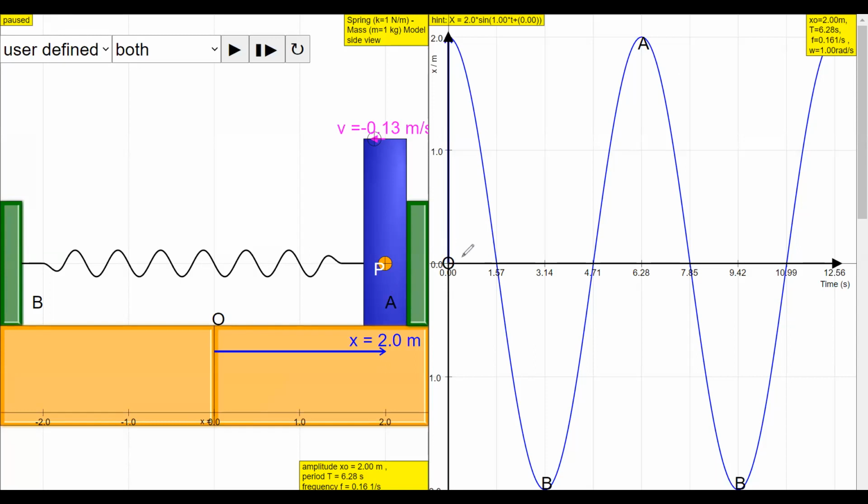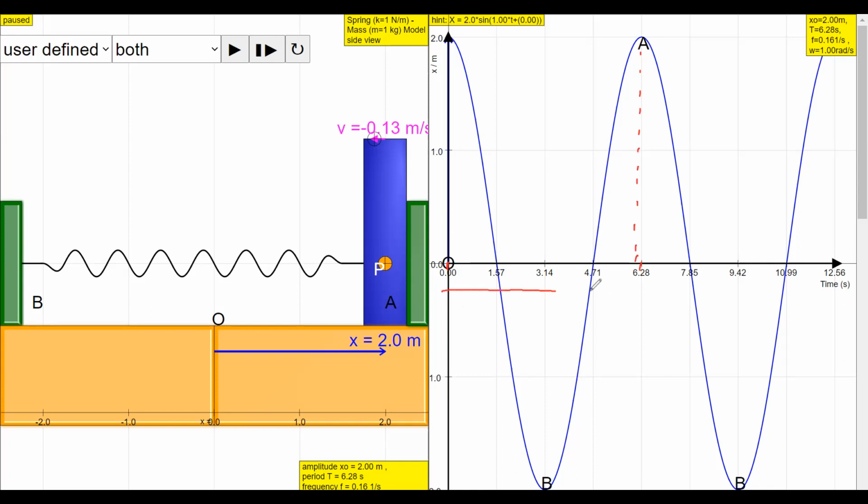One cycle is when our body or our object goes back to its original position or initial position. In our case, from time 0 to time 6.28 seconds, this is our one cycle.